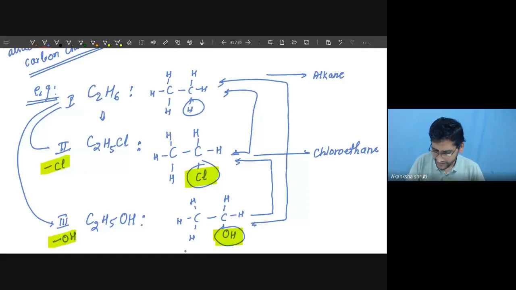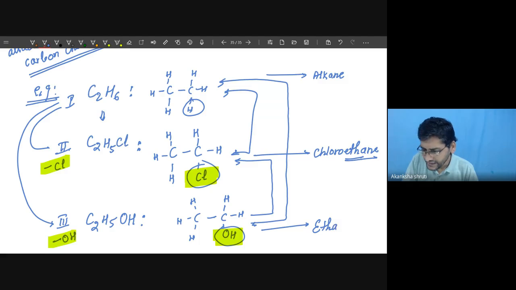The third one, if you consider this, then the name is ethane. Here it is ethane, with chlorine taken before it, but for this it is ethane, and OH is the deciding factor. So to include this OH, we are using the group name called alcohol.